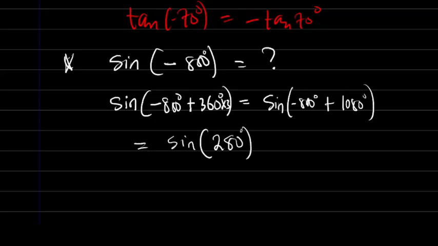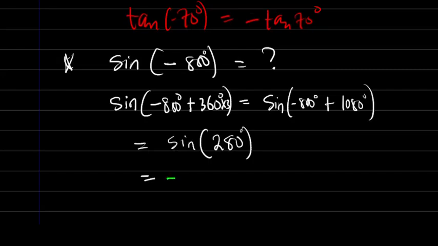Now the next question: 280 is in which quadrant? 280 is in the fourth quadrant, and in the fourth quadrant, sine is negative. If you have been following all the videos I've been doing on trigonometry, this shouldn't be strange to you.